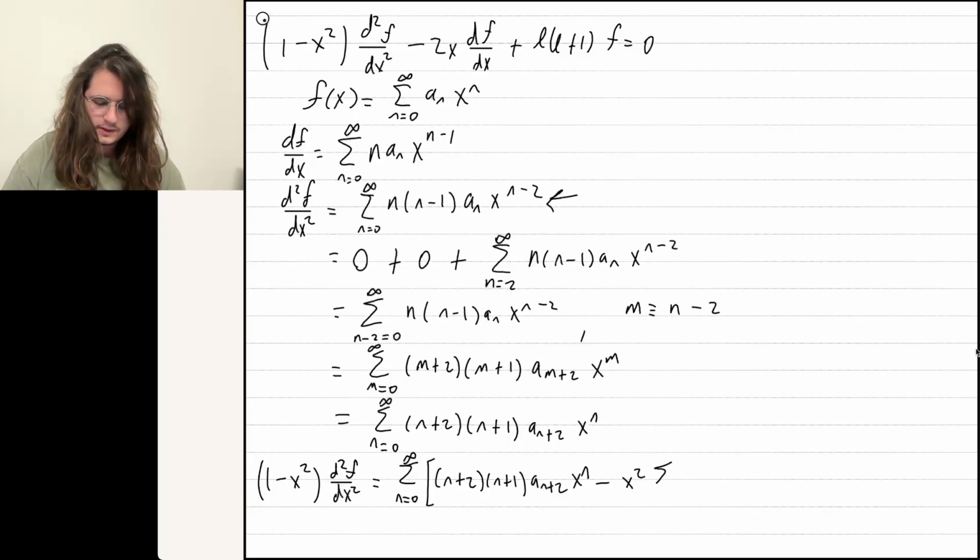So this is also a sum on n to infinity but this is n times n minus 1 x to the n minus 2, and also a sub n.